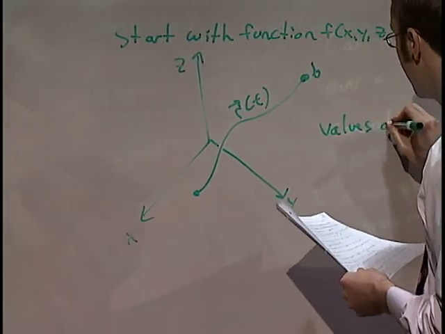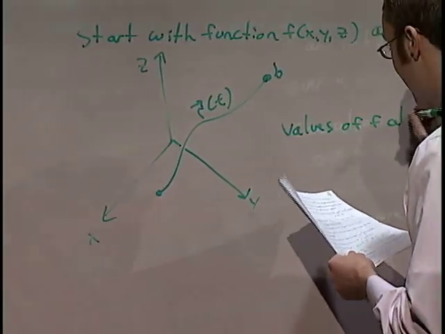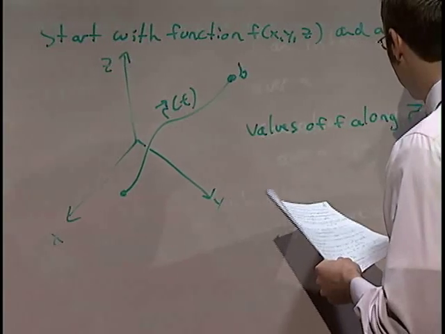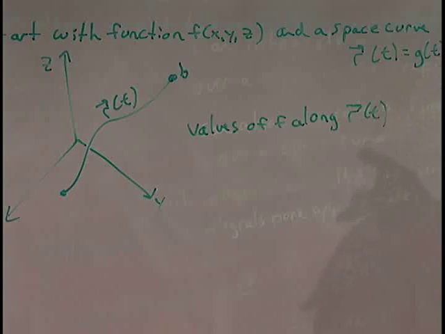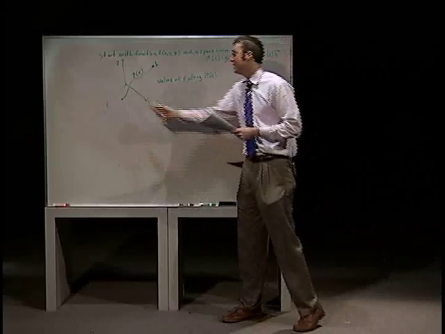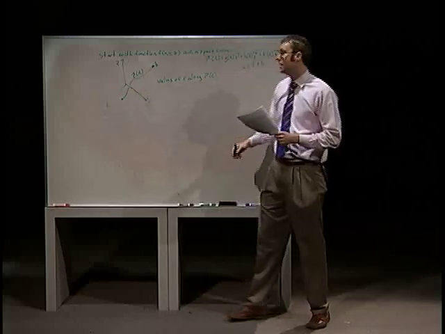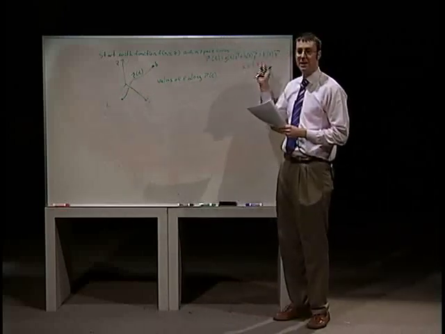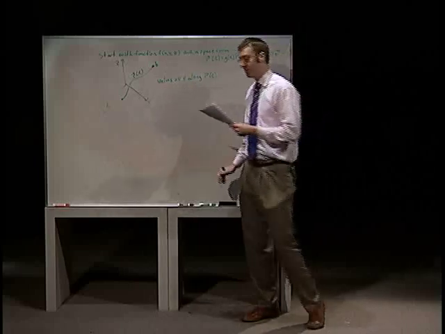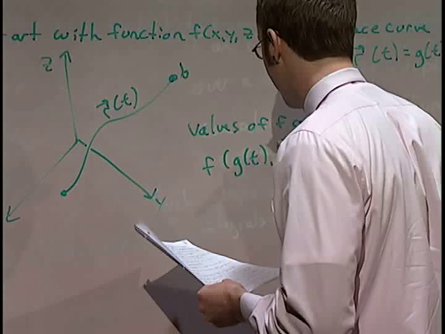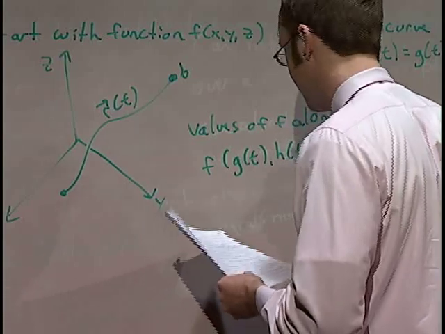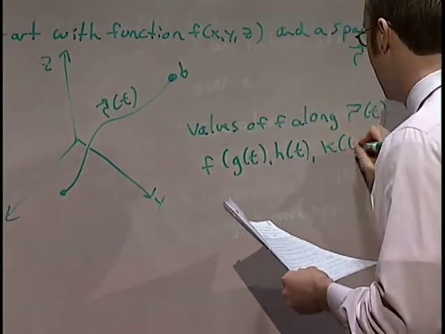And the values of f along this space curve are going to be given by composing f with g of t and h of t and k of t. So for every t value moving along the space curve, you're at some point x, y, z. Plug those into the function to get f of x, y, z. So values along there are the composition of f with g for x, h for y, and k for z.